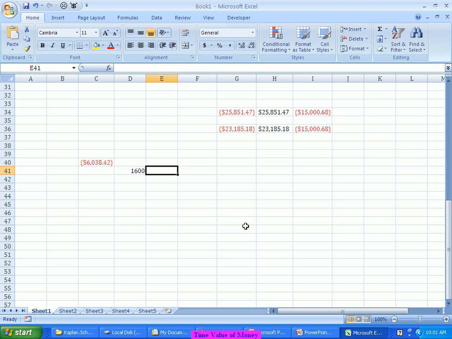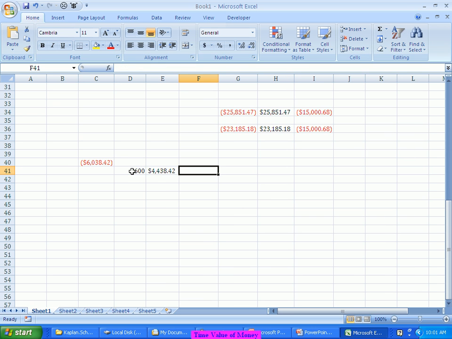But you are still paying 6,038, which means the remaining amount is the payment towards the principal. So apart from interest in the first year, you are even paying some portion of the principal also. So how much is your principal payment here? Whatever is the negative of this, minus 1,600. So you are paying 4,400 as the principal.